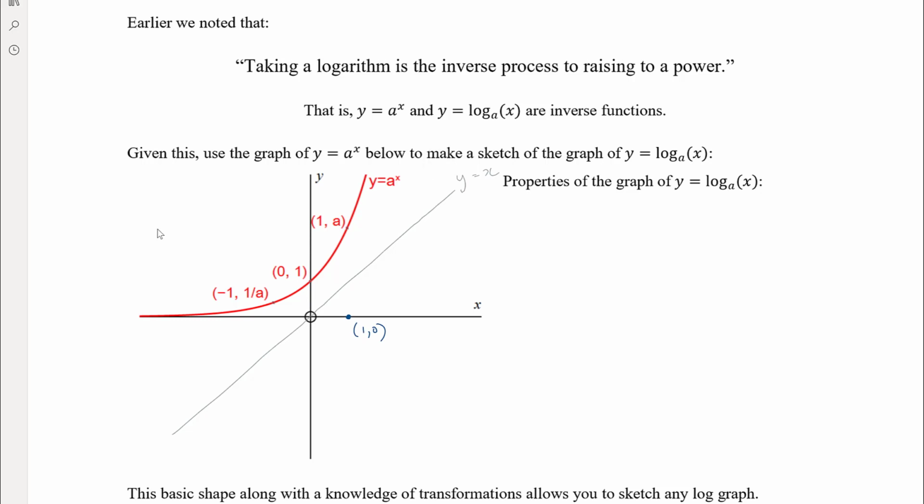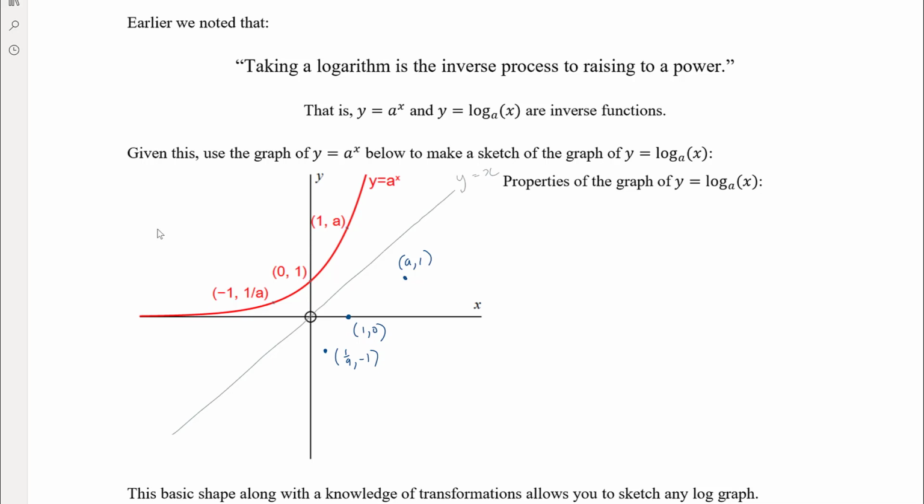We know that the point (1, a) lies on the graph of y equals a to the power of x, and therefore the point (a, 1) lies on the log graph. We know that (-1, 1/a) lies on the exponential graph, so (1/a, -1) lies on the log graph.